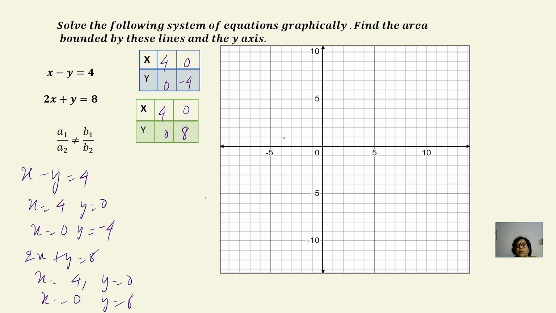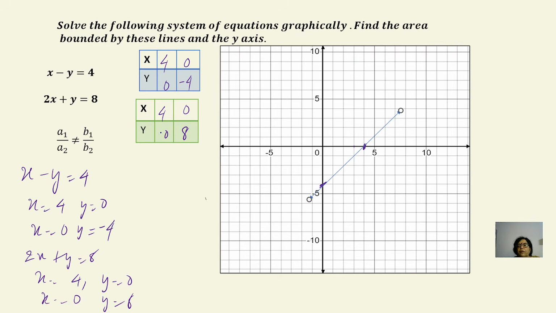So when we plot the points, we get 4, 0 will be this point over here, and 0, minus 4 will be this point over here for the first one. So we'll draw the graph line passing through these two points.